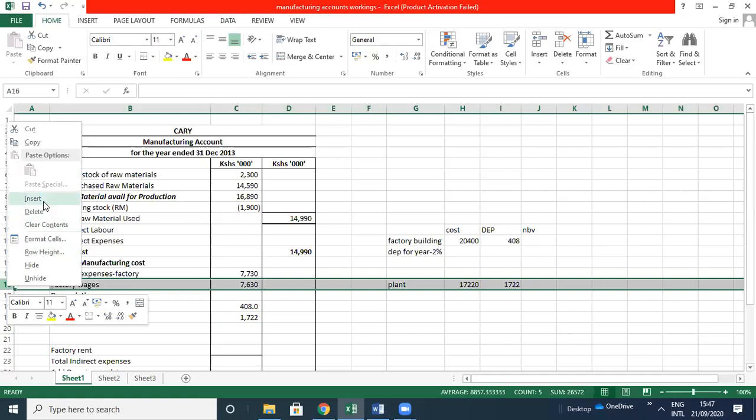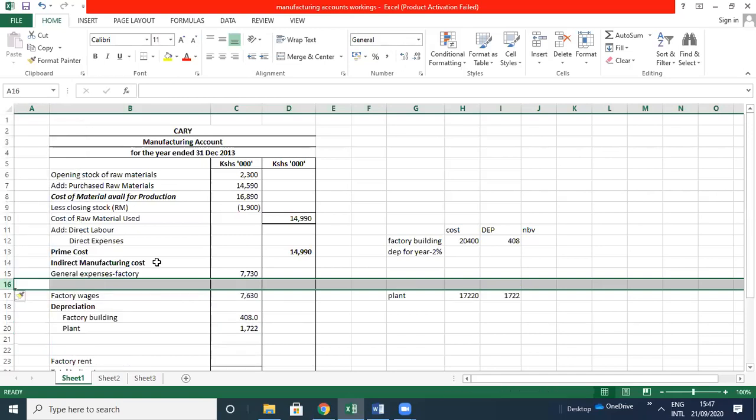But do we have additional information? Very fast. What is it saying? Additional information number 5. What is it saying about general expenses?